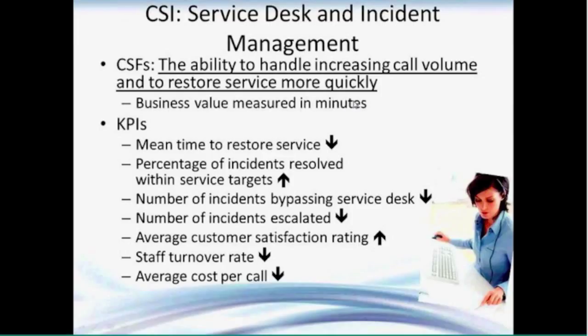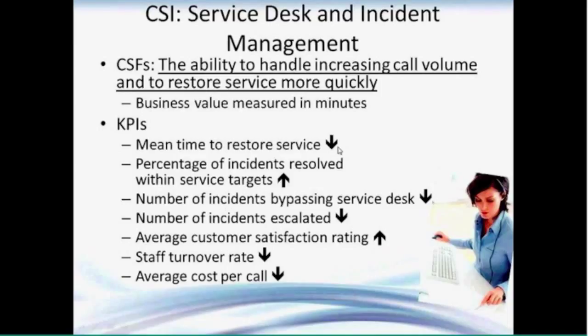So some of the KPIs we might look for include mean time to restore service, the percentage of incidents resolved within our service targets, can we measure the incidents that are bypassing the service desk or incidents that are escalated beyond the service desk? Do we have ways of measuring customer satisfaction via surveys? What does our staff turnover look like? And based on all of that, what is our average cost per call?